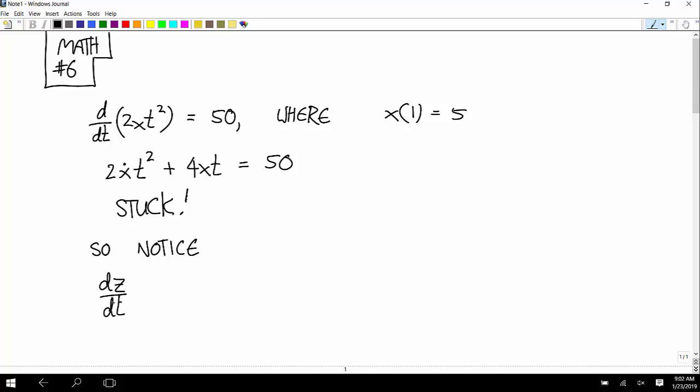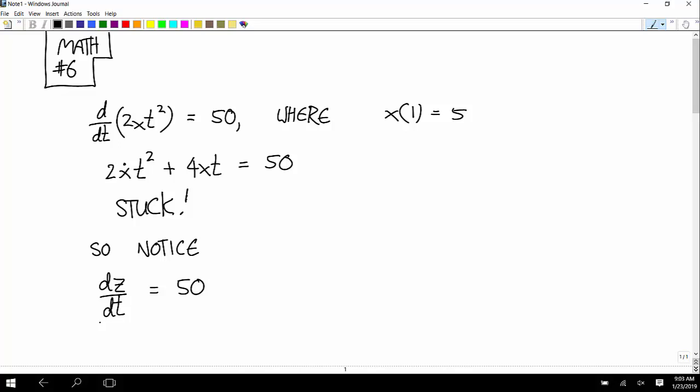dz/dt is equal to 50. That's a super easy separation of variables problem. And so instead of working from this and trying to solve immediately for x of t, we're going to make the substitution that all this stuff in here that we're taking the derivative of is a new variable.